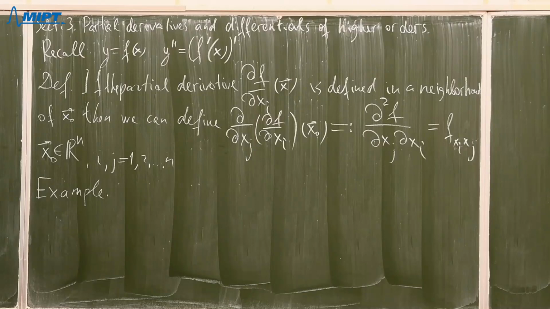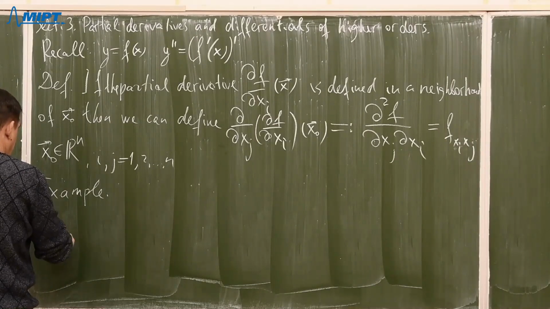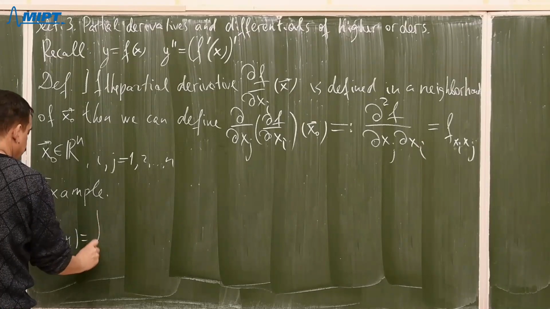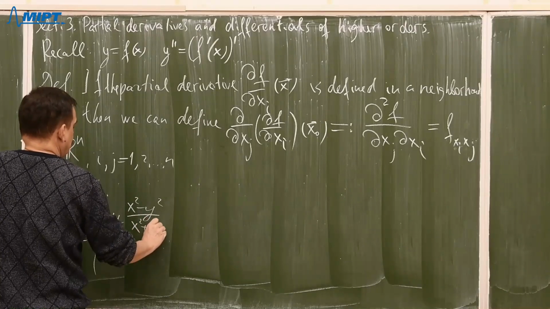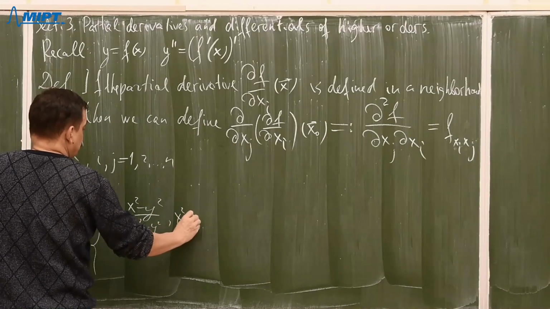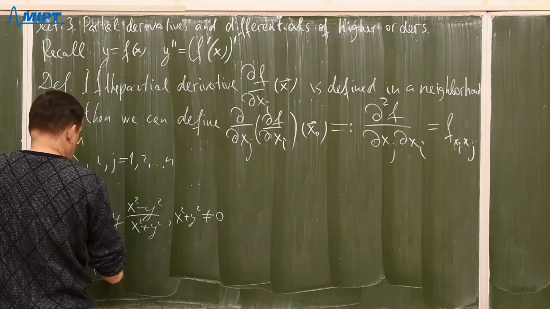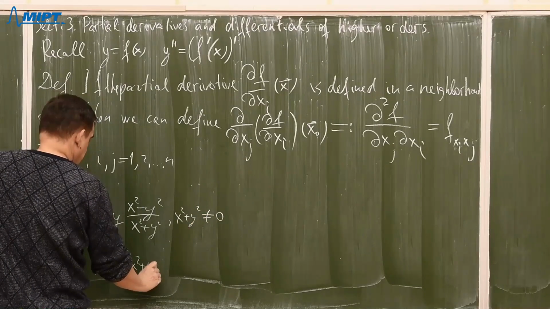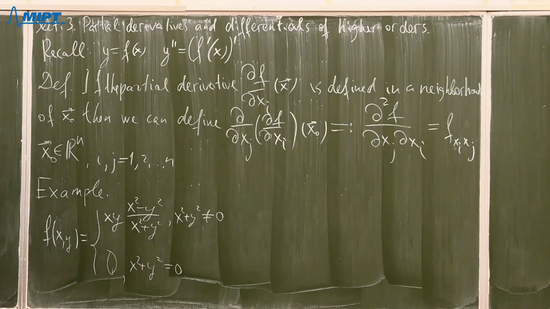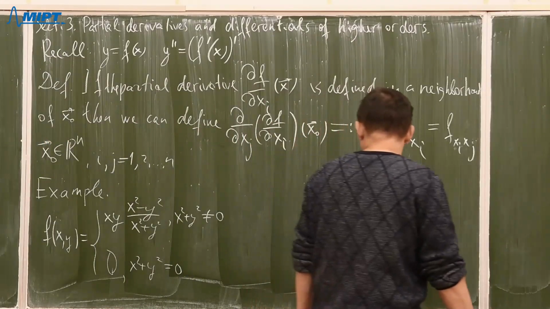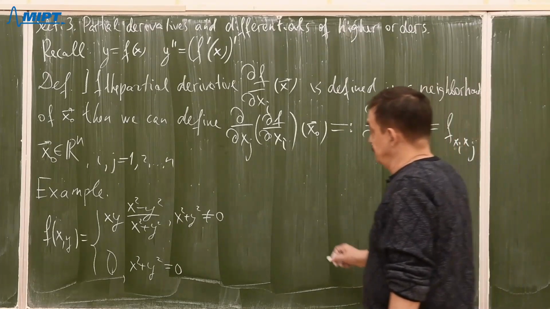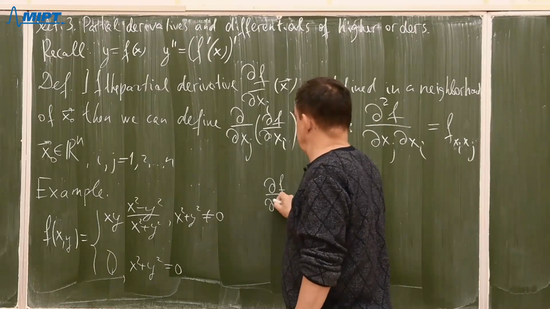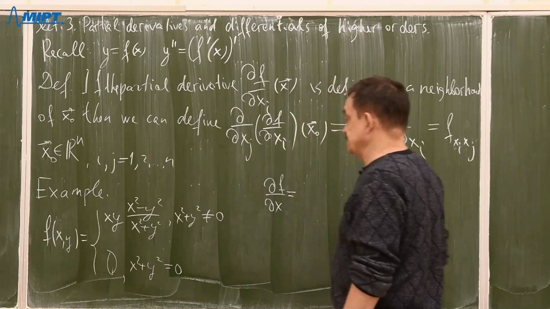Consider such a function of two variables, f of x, y equals xy times (x squared minus y squared) over (x squared plus y squared) if x squared plus y squared is not 0, and 0 for x squared plus y squared equals 0. That is our function. So let me consider what are the partial derivatives of the first order. So df over dx. What is it?